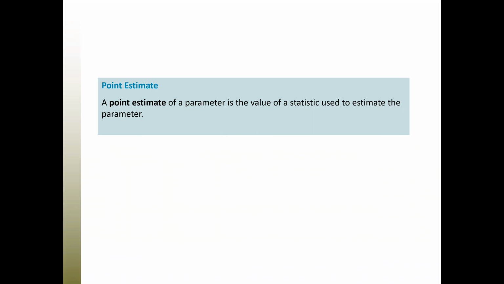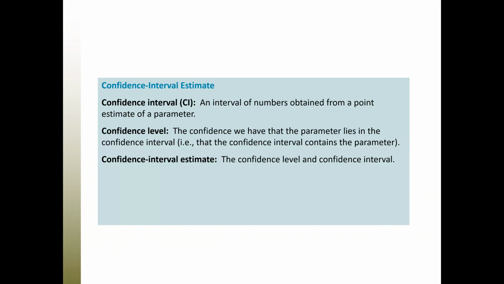A specific value of the sample mean you draw from a sample is called a point estimate, and it's used to estimate the parameter, the population mean as a parameter. And then we have what we call the confidence interval. That's why we call it confidence interval estimate.